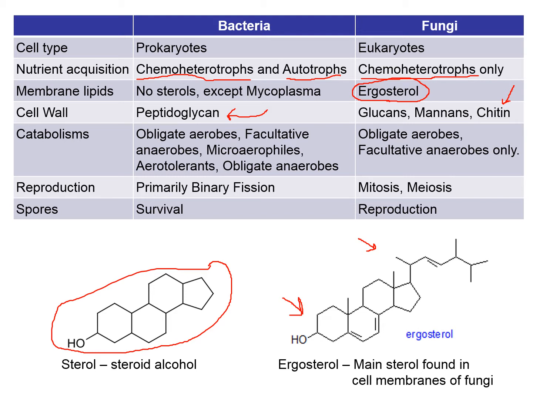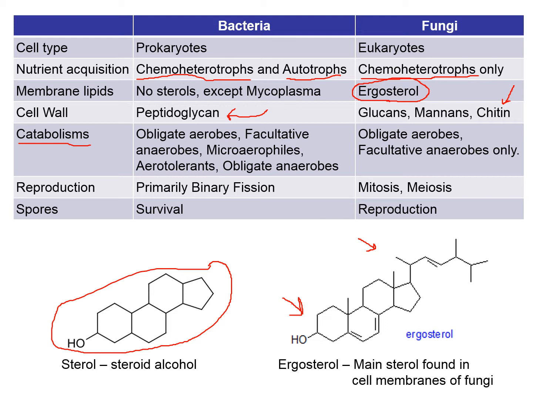Now, catabolism. Catabolism refers to the ability of organisms to break down large molecules into small ones. And catabolism is one half of the equation for metabolism. It turns out that fungi are less diverse than the bacteria are with respect to metabolism.